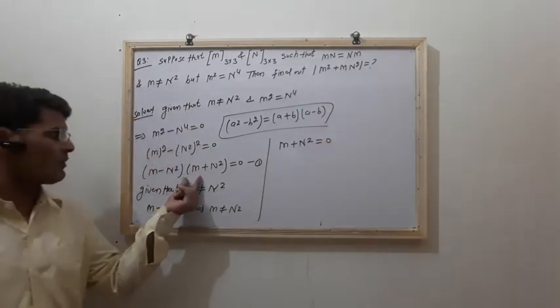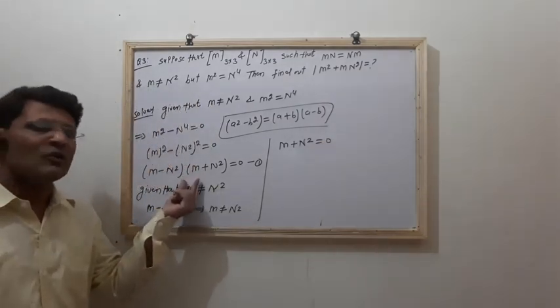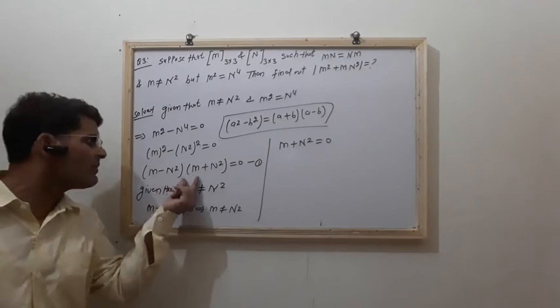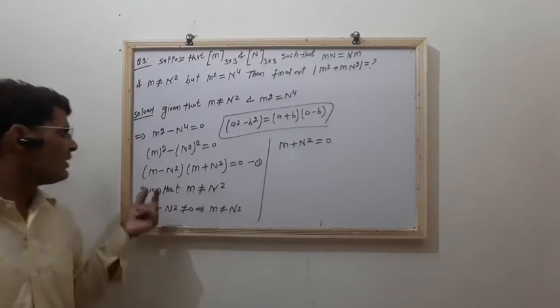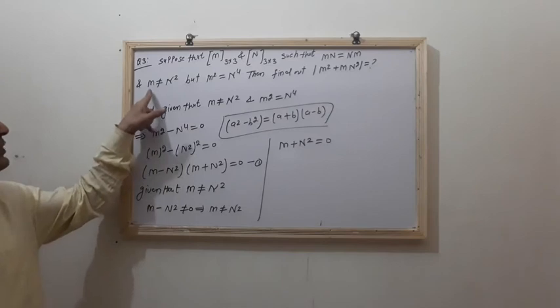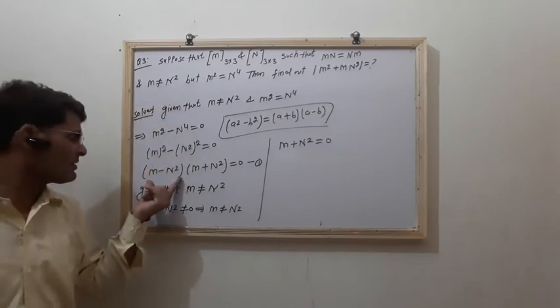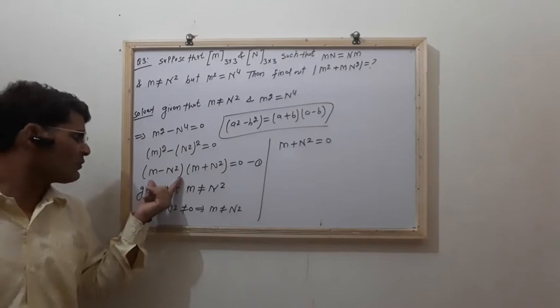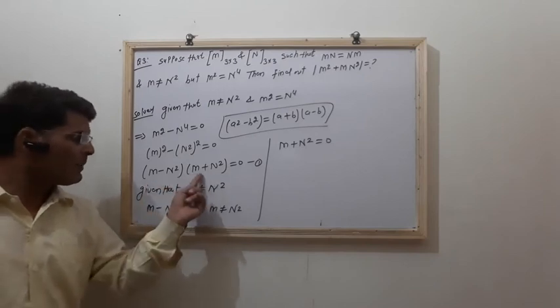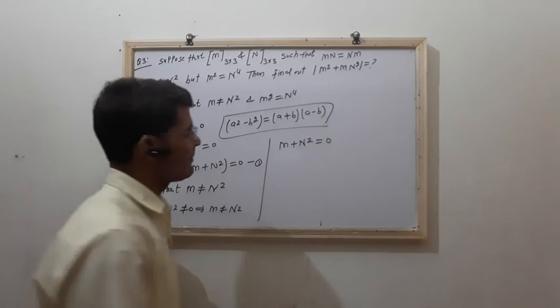This is the product of two quantities, so that at least one of them will be equal to 0. And in the given question, M square is not equal to N square, so that this matrix will not become 0, but M plus N square is equal to 0.